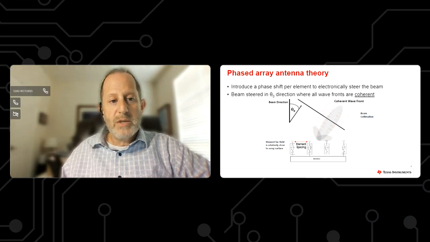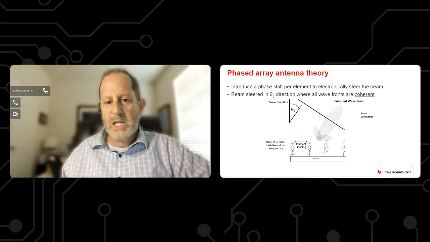So essentially, the beam is going to be steered into the theta direction where all of the wave fronts are coherent. By adjusting that phase, we can get to a point where all of these phase fronts are coherent, let's say in this plane, and that way the beam is pointed in this direction.